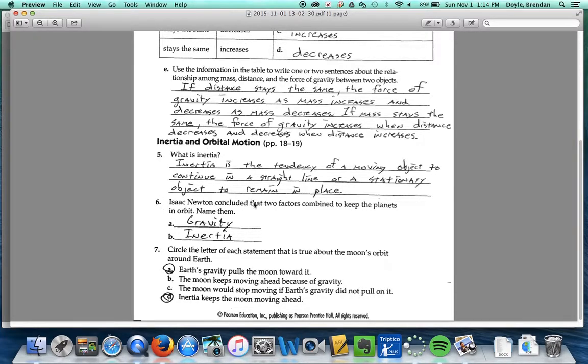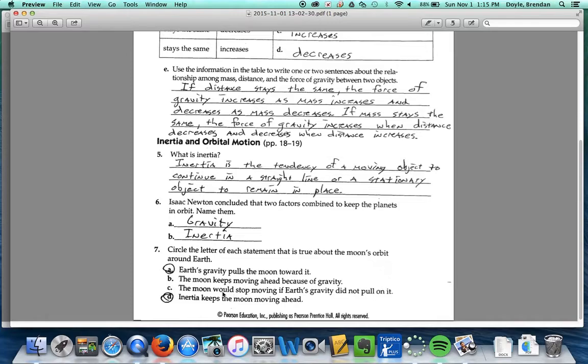6, Isaac Newton concluded that 2 factors combined to keep the planets in orbit. The 2 factors were gravity and inertia. 7, circle the letter of each statement that is true about the moon's orbit around the Earth. A, the Earth's gravity pulls the moon toward it, and D, inertia keeps the moon moving ahead.